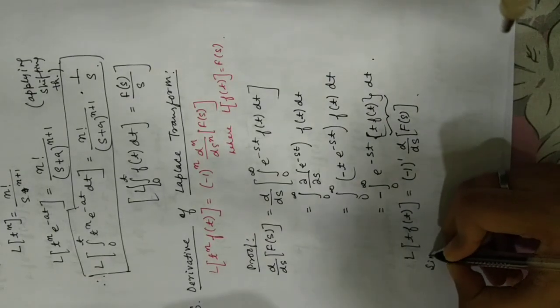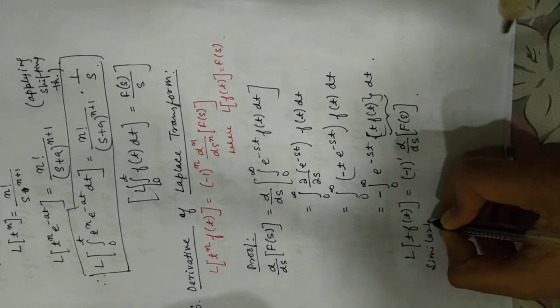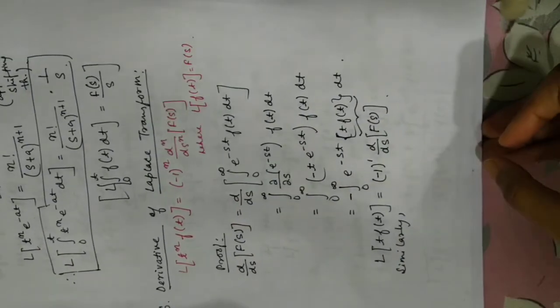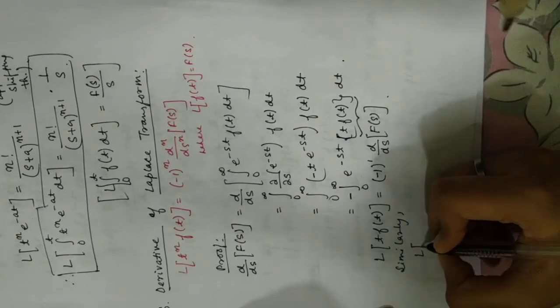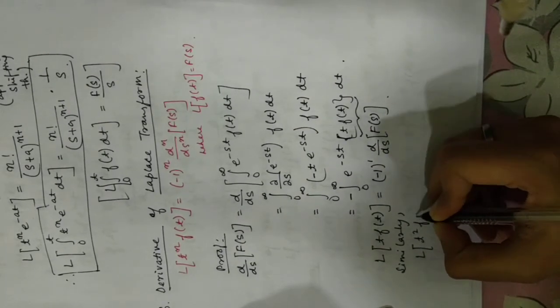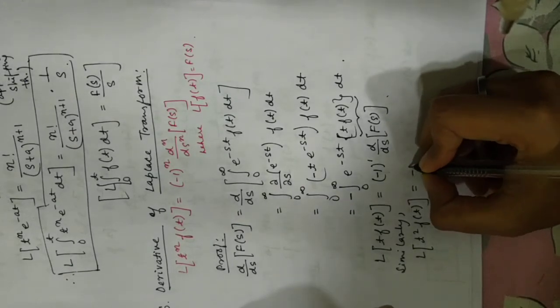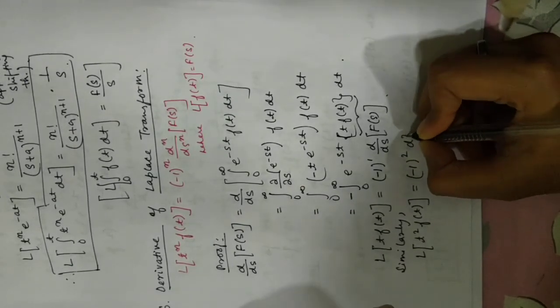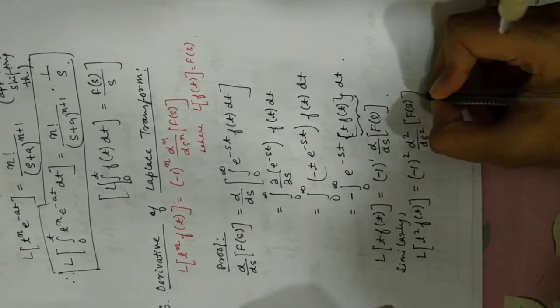So now similarly we can do it for higher order derivatives. Similarly, if we do it for the second order derivative, we will find the Laplace transform of t square f(t) is equal to minus 1 to the power 2 d2/ds2 of F(s).